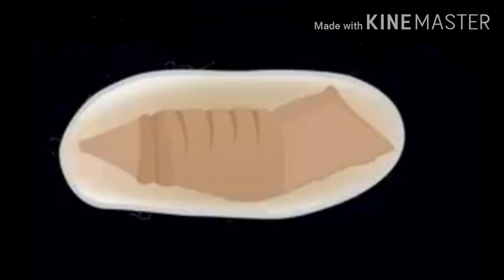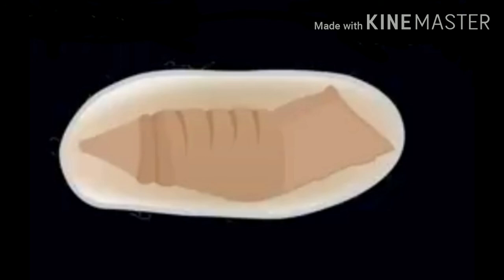Pupa is a stage in the life history of silk moth when the caterpillar or the silkworm becomes encased in a hard shell of silk fibers called cocoon. That is, cocoon with the worm inside is called pupa stage.